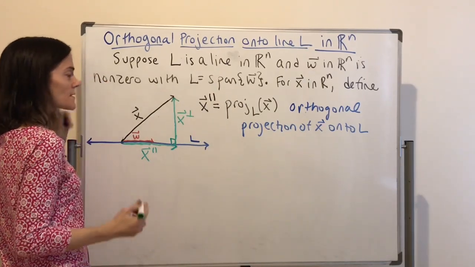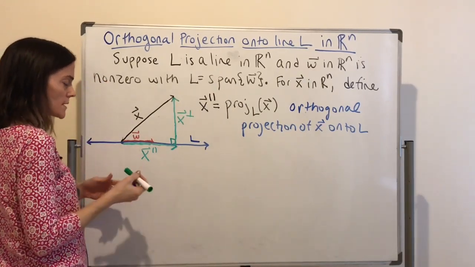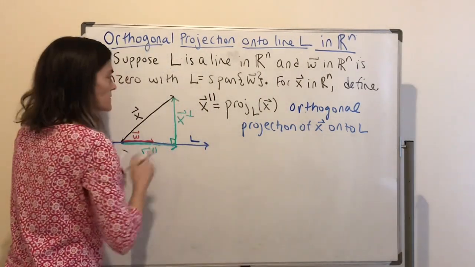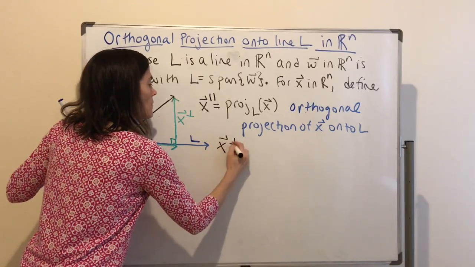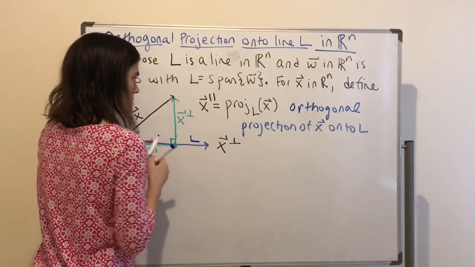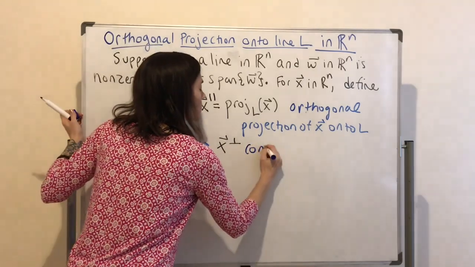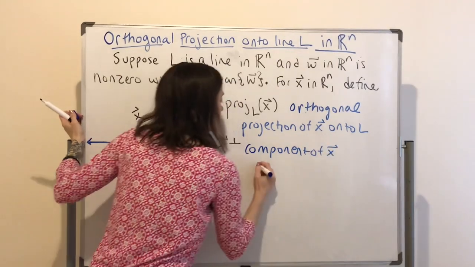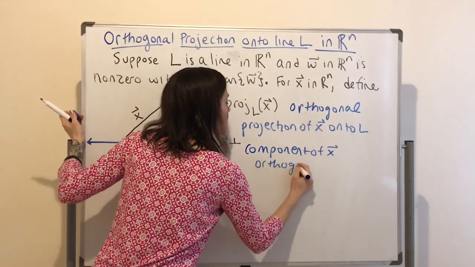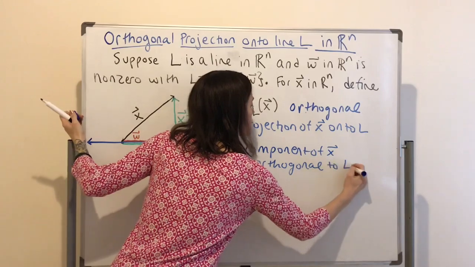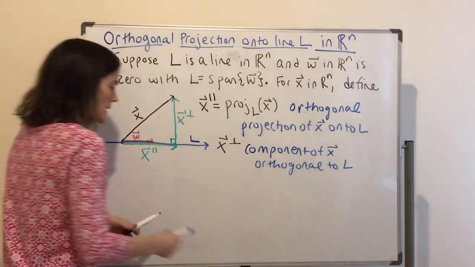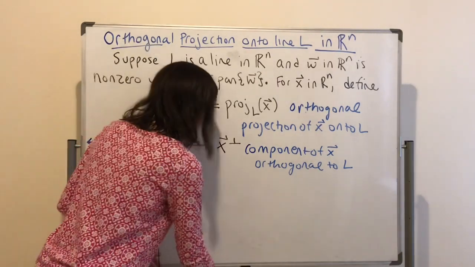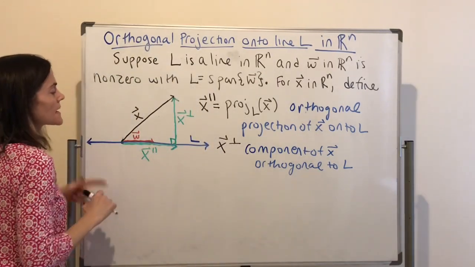Okay, now we see everything in the picture. Well, what do we notice? This vector also has a name: this is the component of x orthogonal to the line. And what do we see here? Think about addition, right?